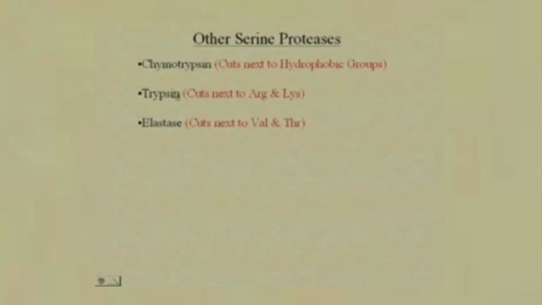Another thing to remember for trypsin is that it will cleave arginine and lysine provided it is not followed by a proline. If we have arginine and proline, why do you think so? Because it is going to distort the polypeptide chain, so it will not fit into the active site, as simple as that. If it cannot fit into the active site, it cannot be cleaved.